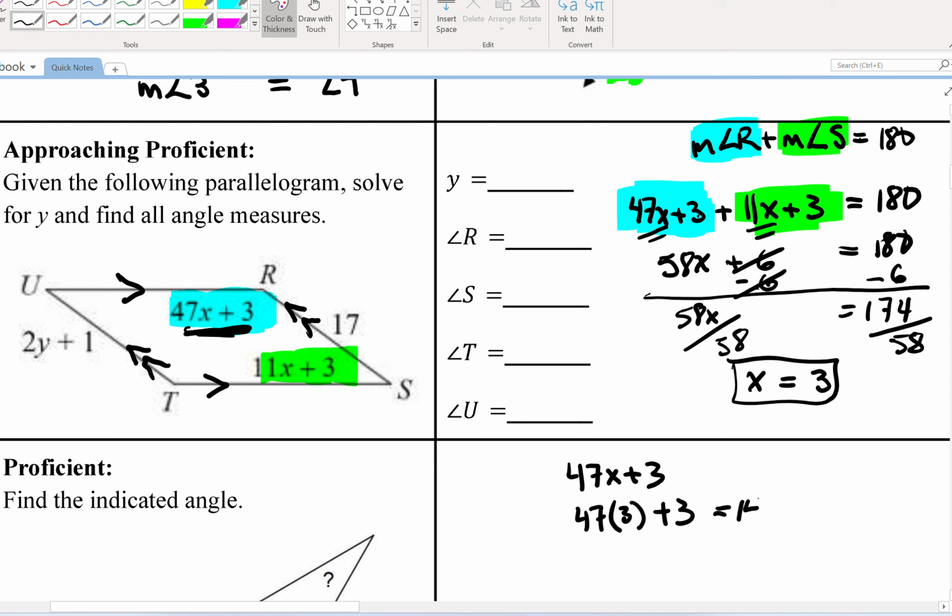So this is 144 degrees, and that is angle R. I can do the same thing with 11x plus 3. 11 times 3 is 33, plus 3 gives me 36. And so that's S.